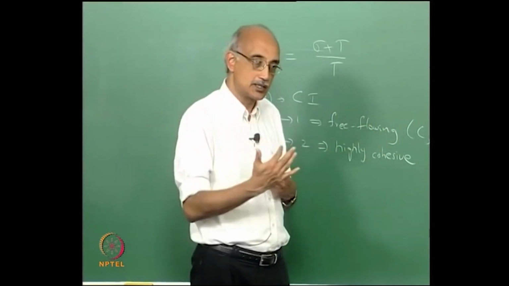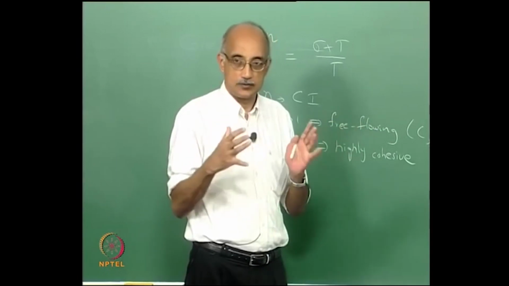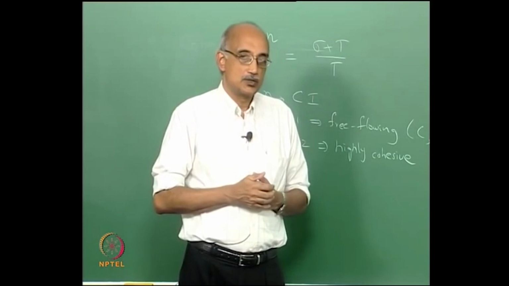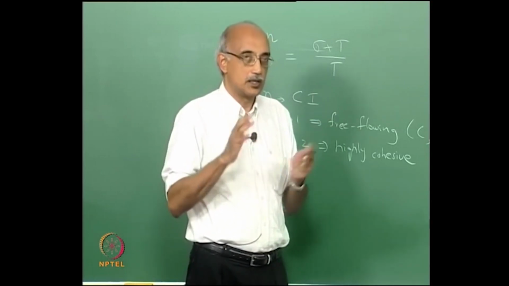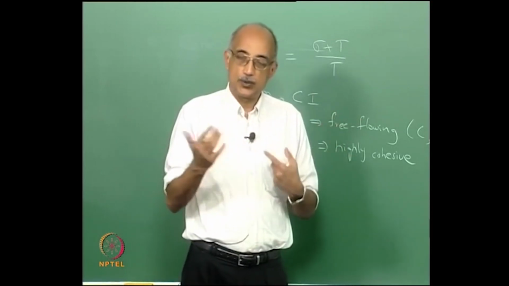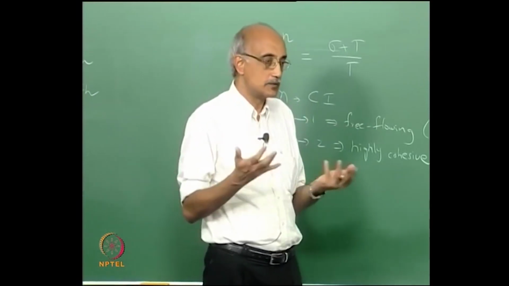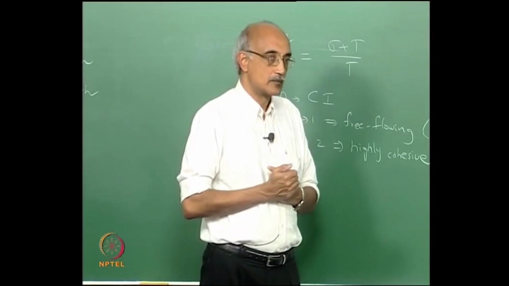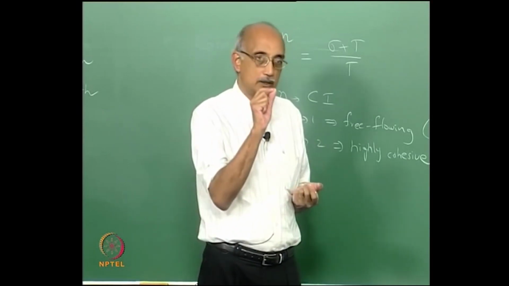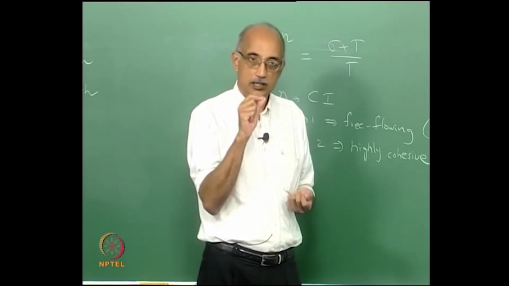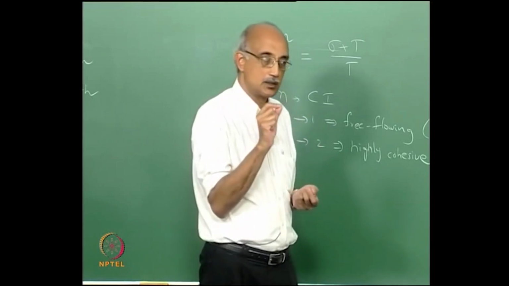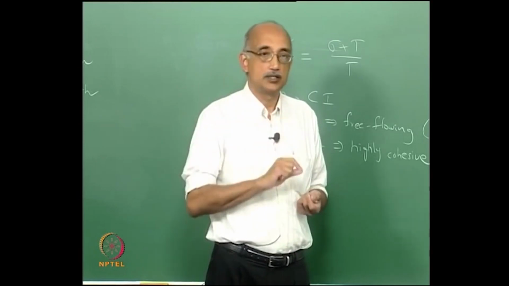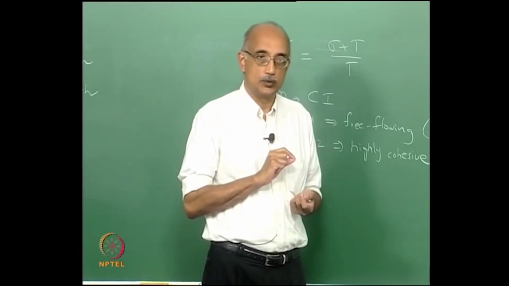In the extreme case, when you have highly cohesive material, the whole thing behaves like a solid mass, right? So it's fairly easy to predict how that's going to behave, as opposed to a less cohesive mixture where the prediction becomes much harder. And the reason is every particle now will behave like an individual particle, and you have to predict the behavior of every particle in order to predict the behavior of the entire fluid.